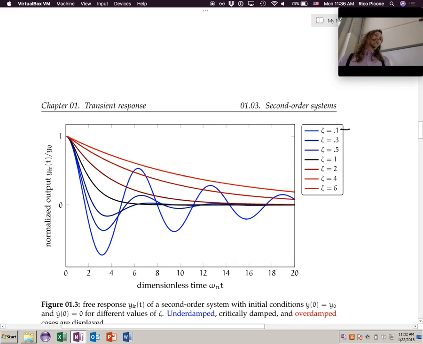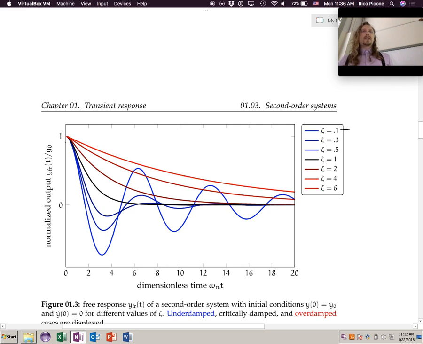It always starts at 1. Plotting things like that makes them look pretty, which is a strangely important skill, I feel. So this is the underdamped case of zeta equal 0.1.